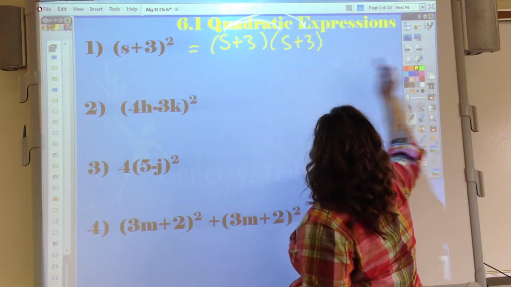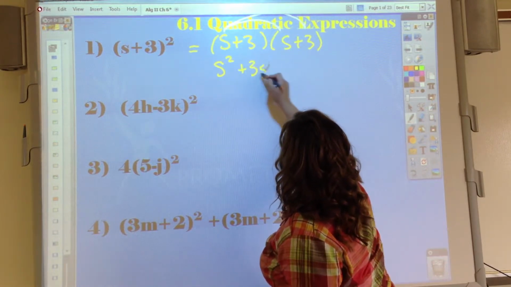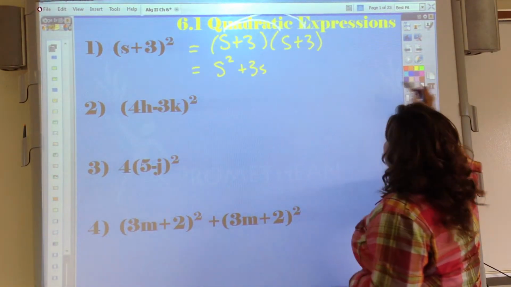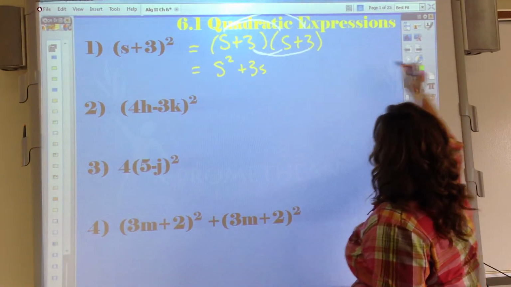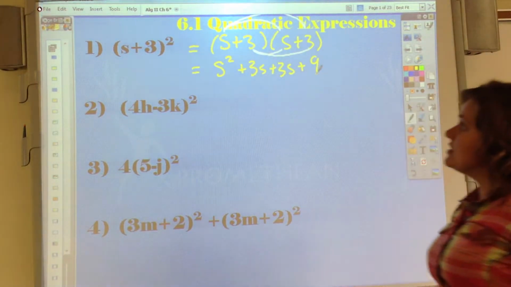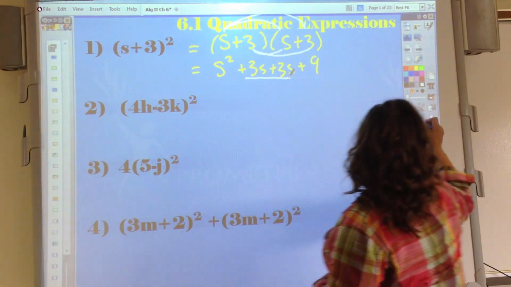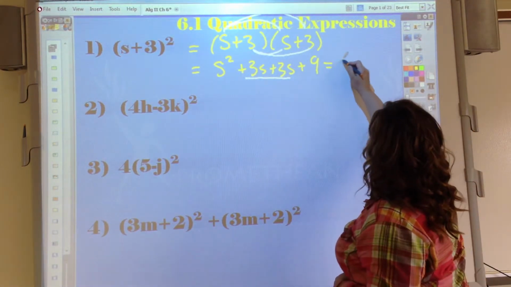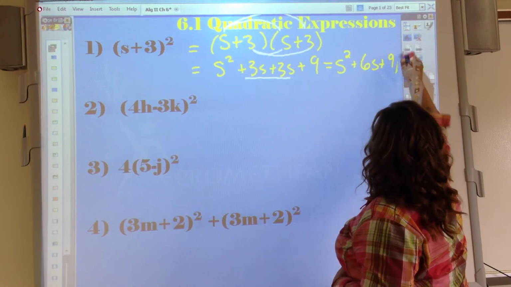First, outer, gives me s squared plus 3s. Inner and last gives me 3s plus 9. And notice that I have two terms that are the same that I can combine. My final solution is s squared plus 6s plus 9.